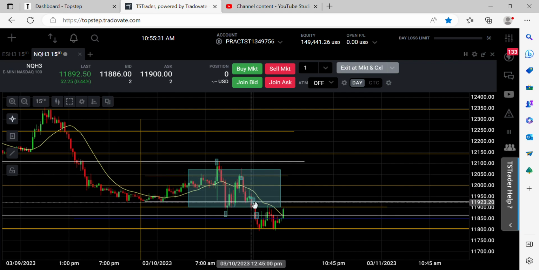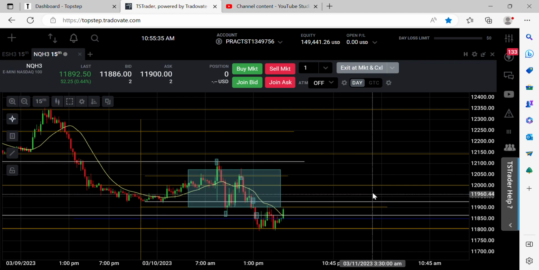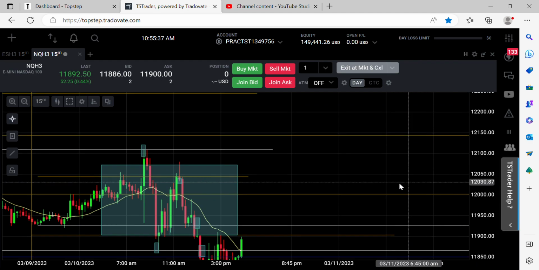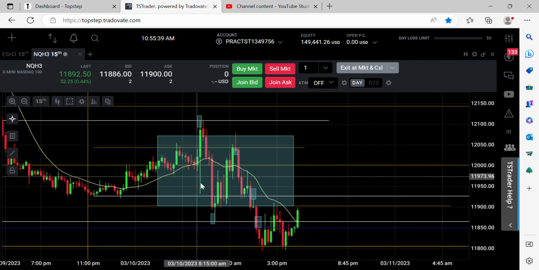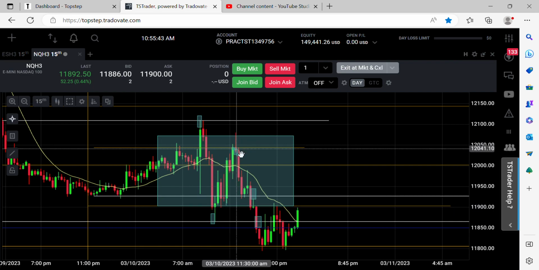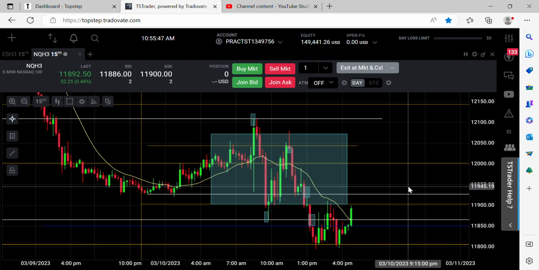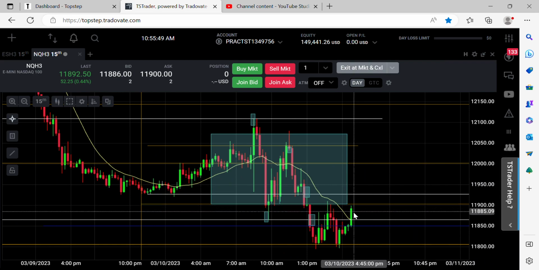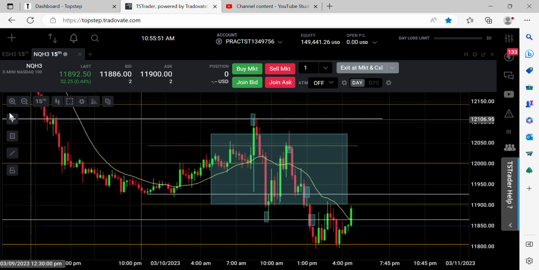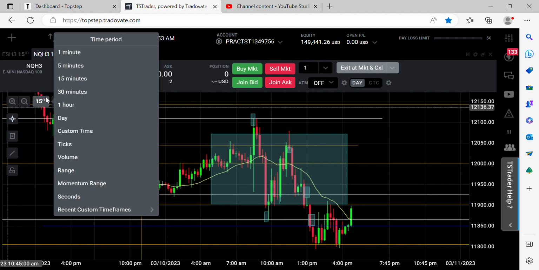I might be looking to go long off this area, and I get destroyed, destroyed, destroyed. So if I'm trading the 15-minute time here, it's a wick there. It's not as pretty as the 1 minute. It's not going to sound crazy, but the 15 is not as sexy.